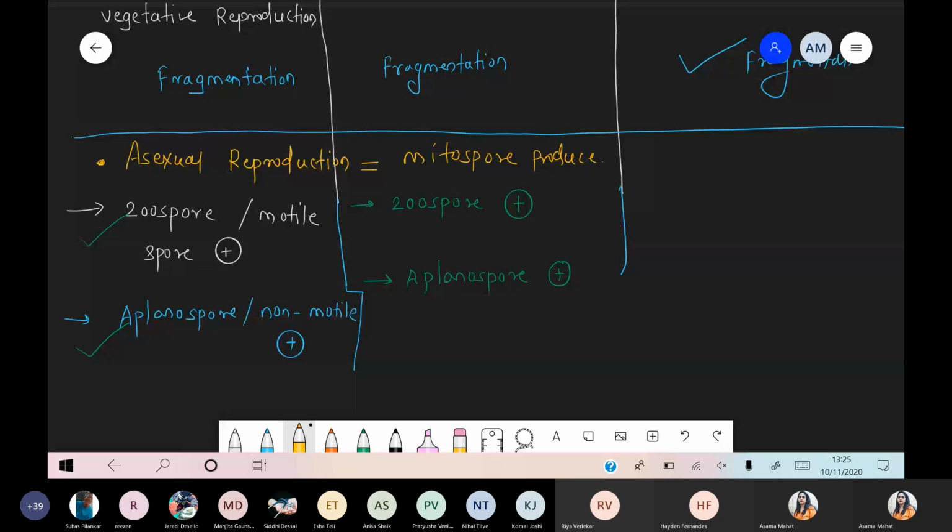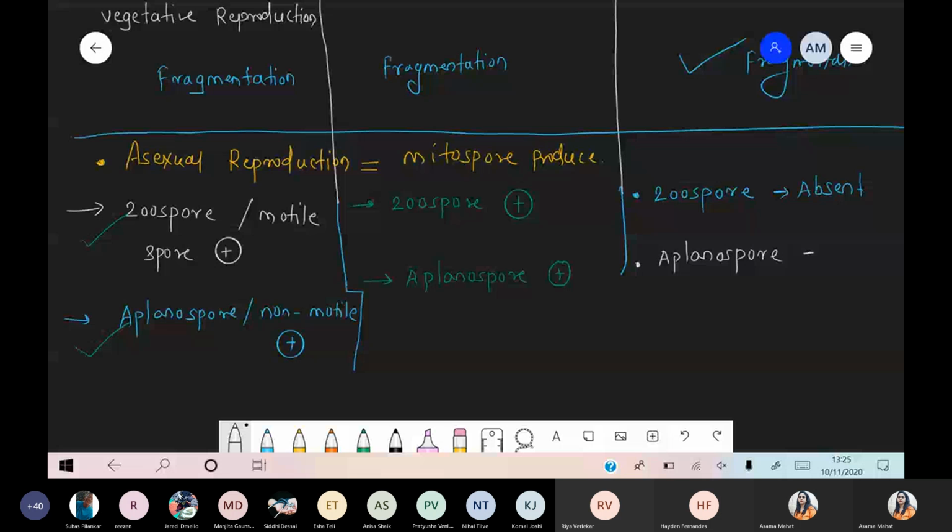But in case of red algae, the zoospore is totally absent. Motile spores are absent. Whatever spores are present are all aplanospores. Which spore is present? Aplanospore is present. So please remember this point. It's very unique for red algae.